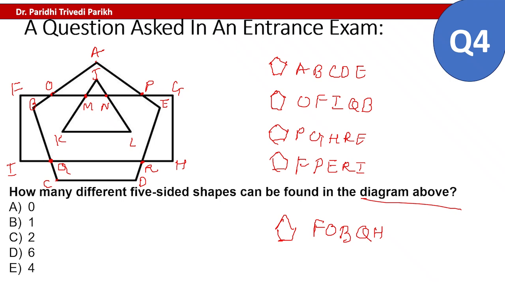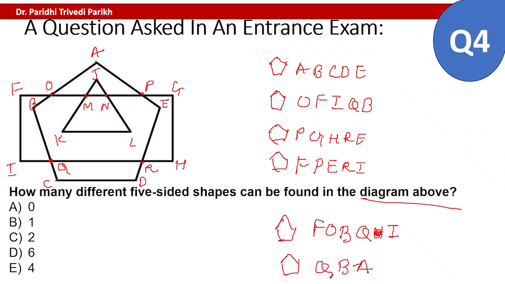F, P, E, R, I. F, O, B, Q, I. Not H, I would say. F, O, B, Q, I. And then Q, B, A, E, R.